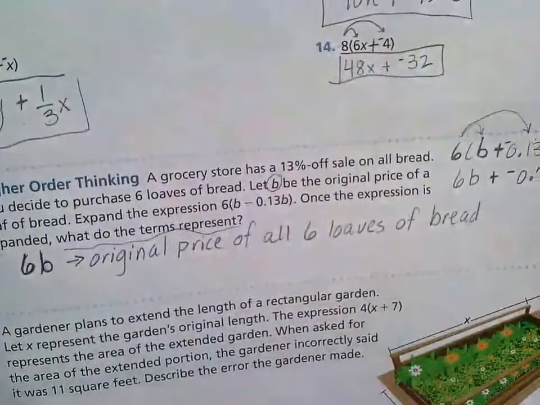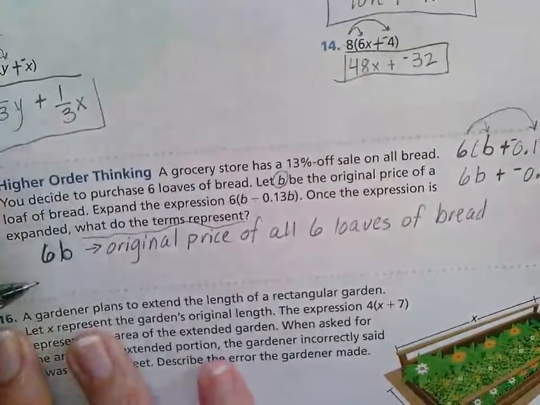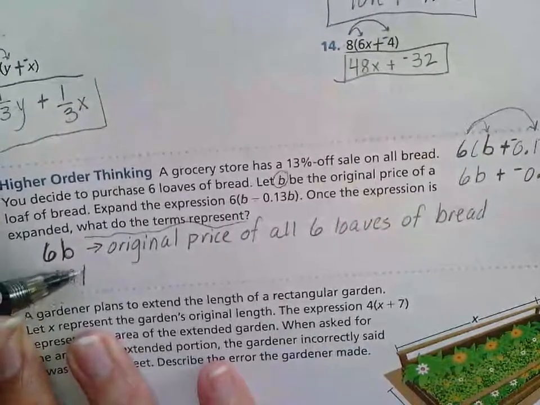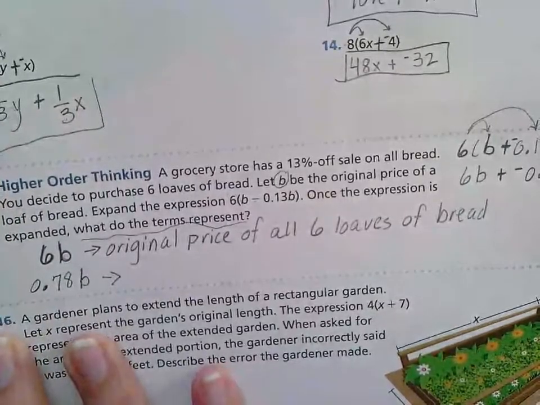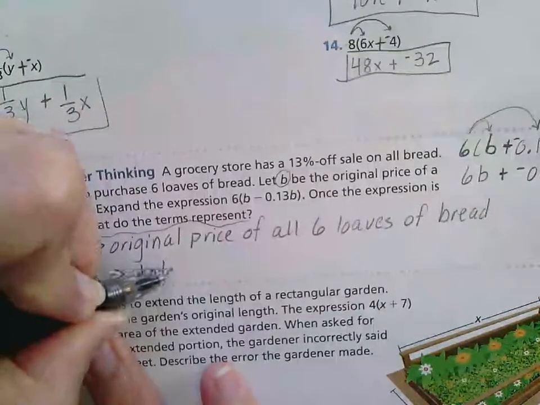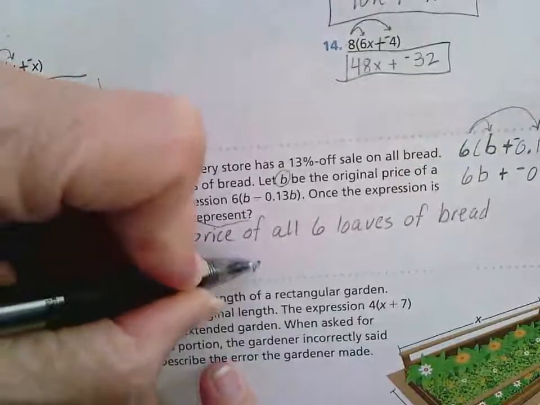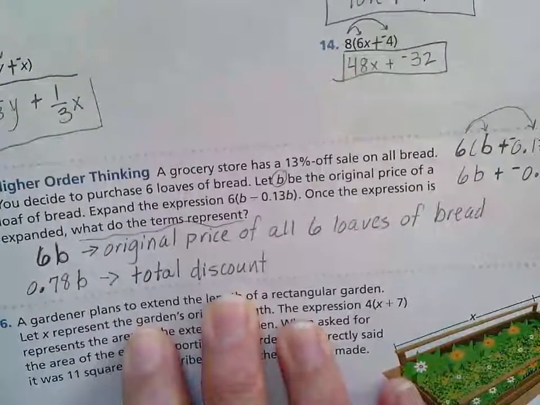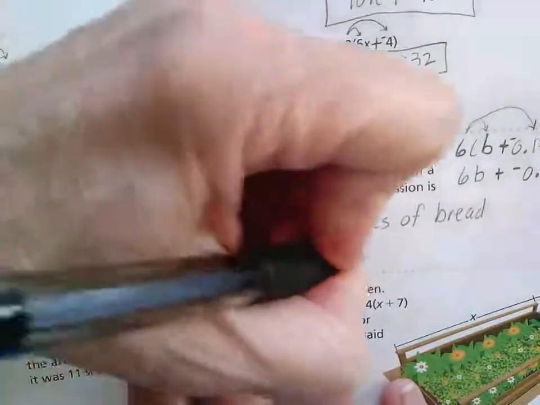So then the negative 78 hundredths B is the total discount for this sale.